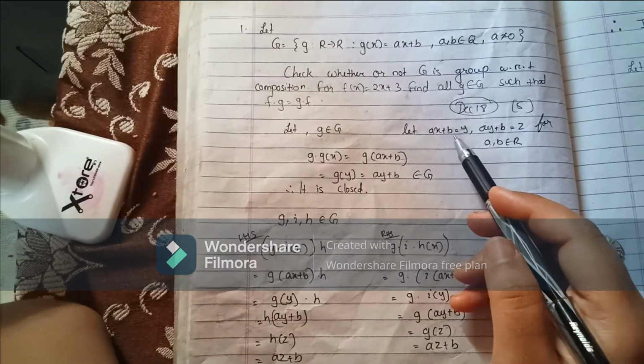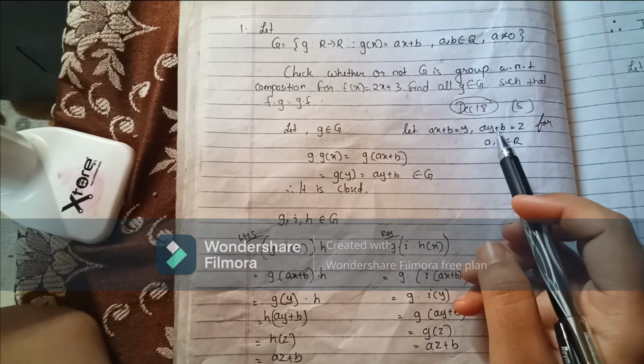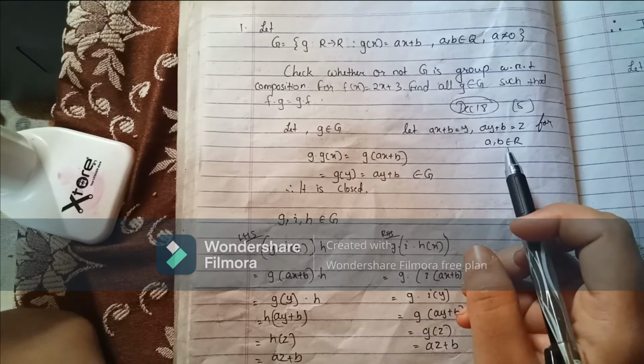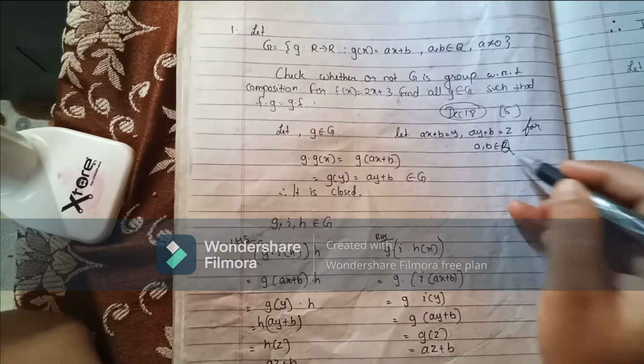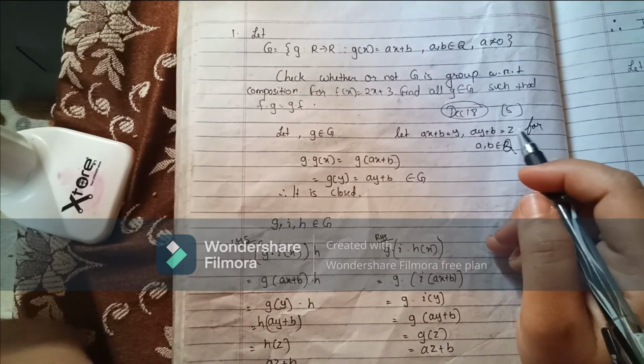So I can take ax plus b is equal to y and ay plus b is equal to z for a, b belonging to Q, because that has been given.